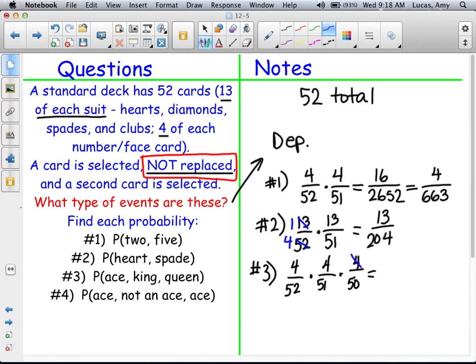So if I divide by 2, I'm going to get 2 and 25. If I divide by 4, I'm going to get 1 and 13. Now I'm going to multiply across. My numerator is 8, and my denominator is going to be a large number.